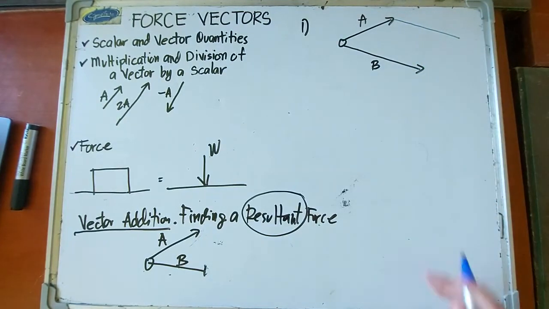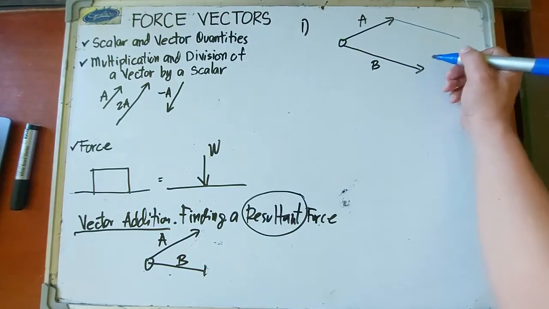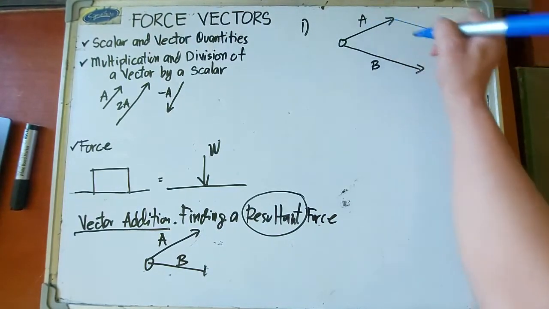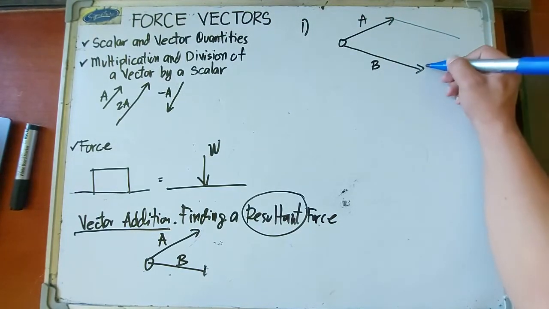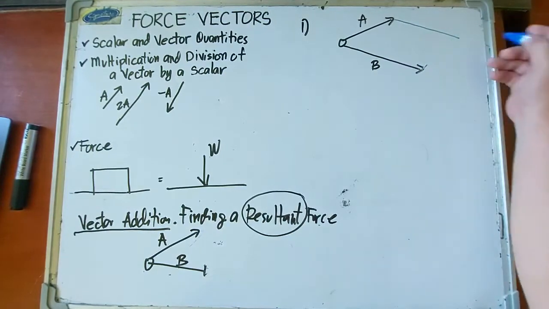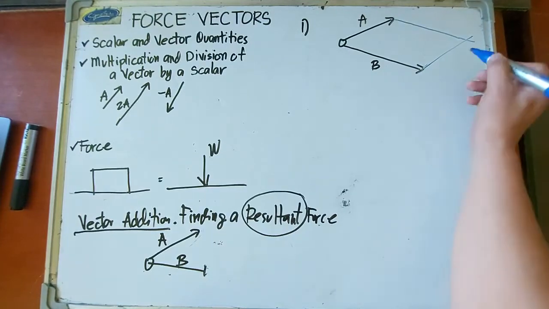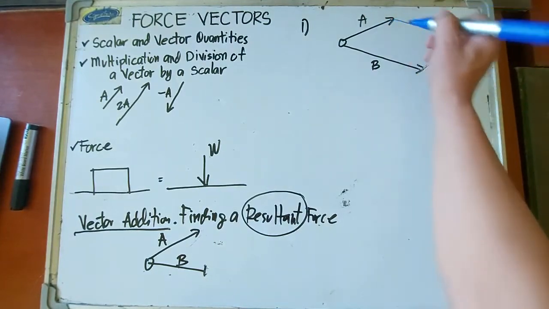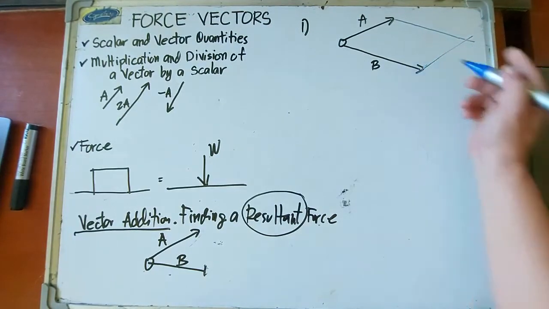Next is you draw a parallel from the head of force B, sa may arrow. You draw a parallel line relative to force A. Ayan. So itong line na to parallel siya dito. This line is also parallel to force B. Okay.